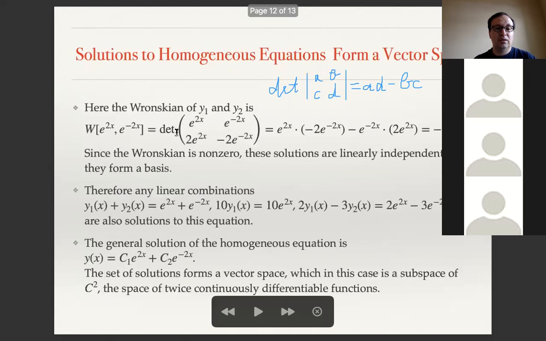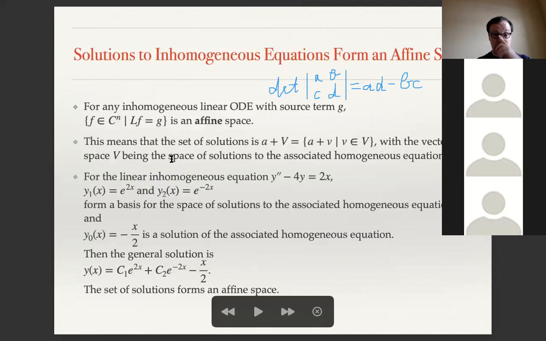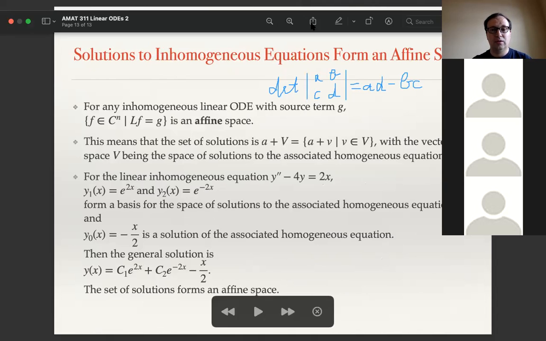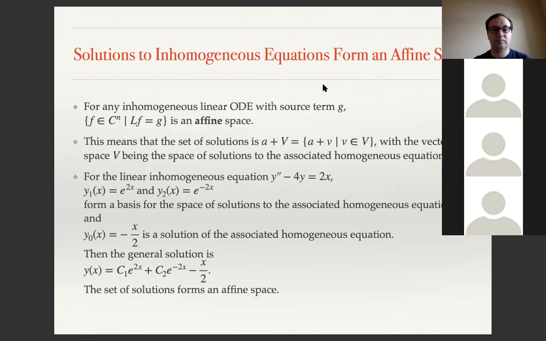So now let's talk about inhomogeneous equations. Solutions to inhomogeneous equations form an affine space instead of a vector space. So this is the difference: for homogeneous equations, the solutions form a vector space.